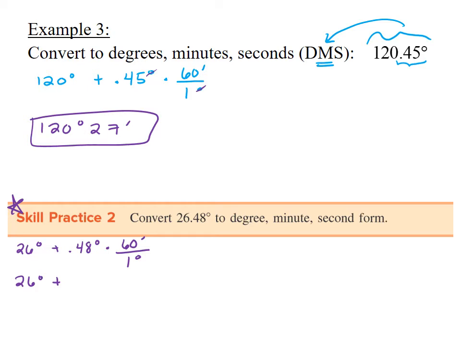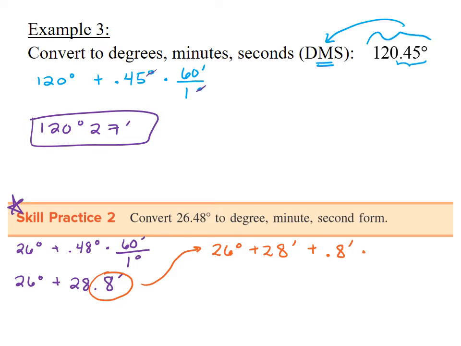When I multiply 0.48 times 60, I actually get 28.8 minutes. Well, since this doesn't divide nicely, what I need to do now is take this portion of a minute and convert that to seconds. So now we have 26 degrees plus 28 full minutes plus 0.8 of a minute.